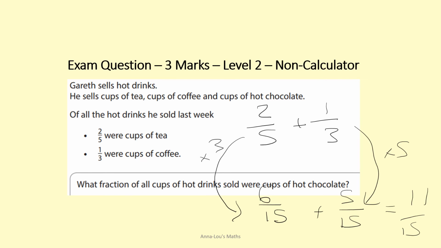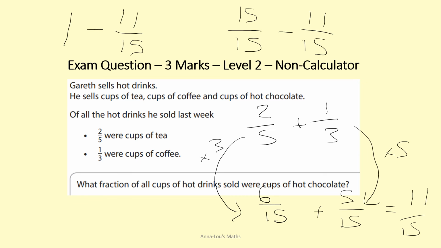Now I know his total sales for that day take away 11 fifteenths is going to give me his hot chocolate. So I know his total sales, take away 11 fifteenths. Now don't forget that a whole is when our numerator and our denominator are the same. So basically his whole day was 15 fifteenths and his tea and coffee was 11 fifteenths.